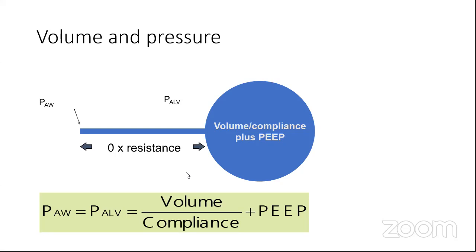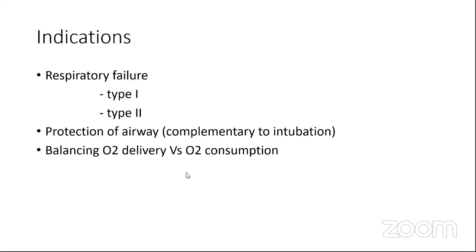As we said, mechanical ventilation can be invasive or non-invasive, but the indications are always the same. Obviously, the first category of indications is respiratory failure, whether it is type 1 or type 2. Type 1, you know, is only hypoxic, while type 2 is hypoxic and hypercapnic.